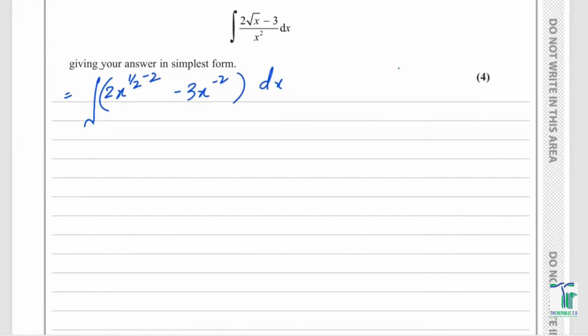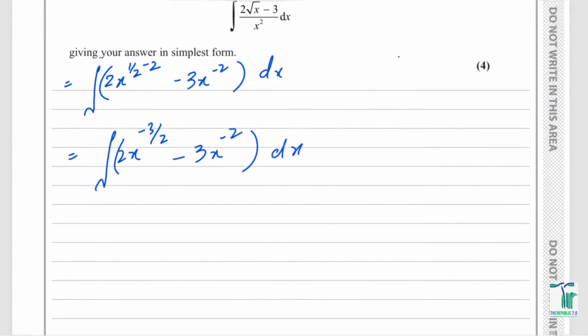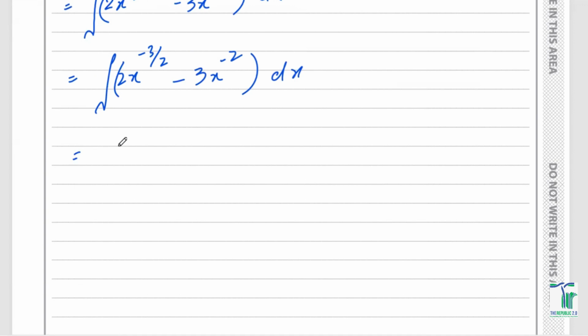So that is going to give me 2x to the power of 1 by 2 minus 2, which is going to be minus 3 by 2, minus 3x to the power of negative 2 times dx. Now I'm just going to integrate them up, and I would be having 2x to the power of negative 3 by 2 plus 1 divided by negative 3 by 2 plus 1.